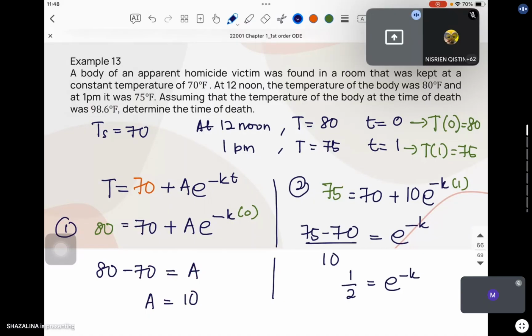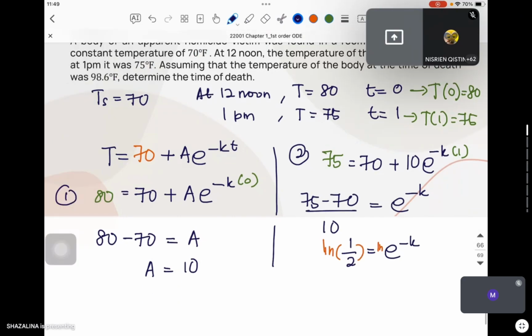Nak cari K, we want to find out what is K. Take ln on both sides. Simplify, then we have negative k equals ln 1/2. Then k equals negative ln 1/2. Tolong calculate to 4 decimal points.